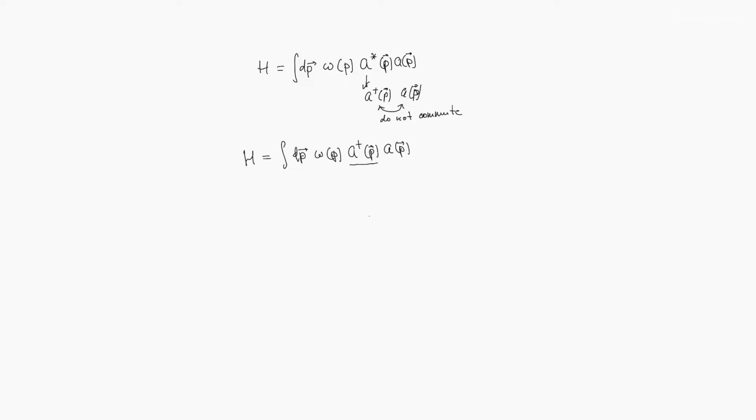And this way of ordering of the operators A and A dagger is called normal ordering.